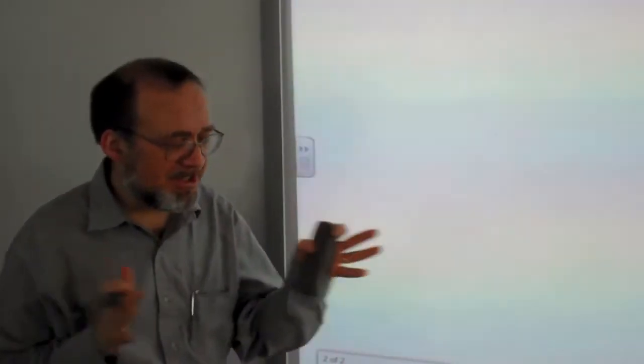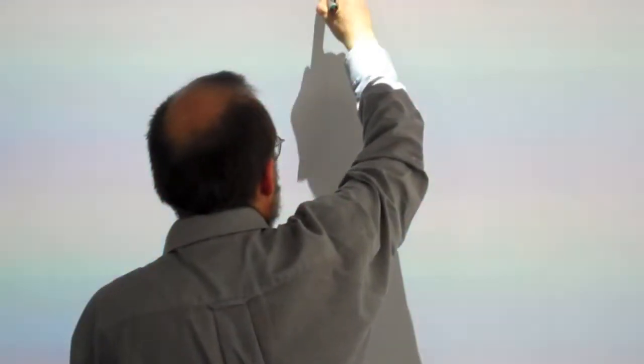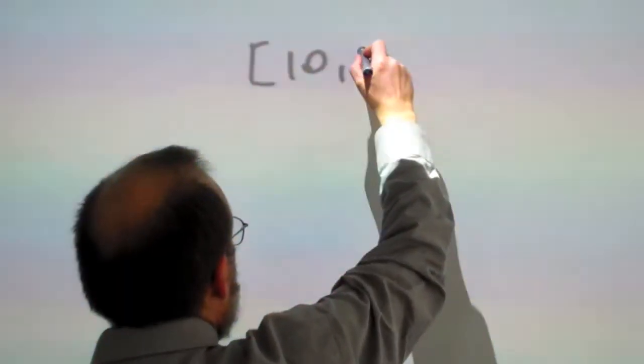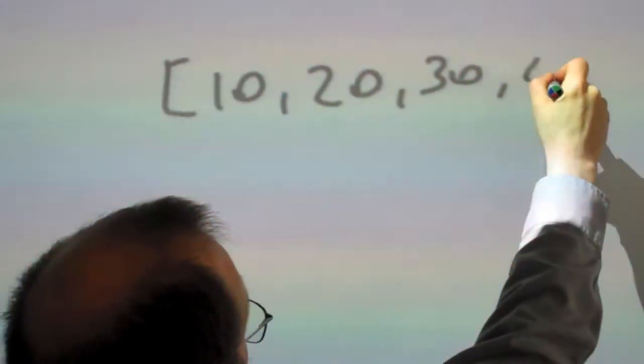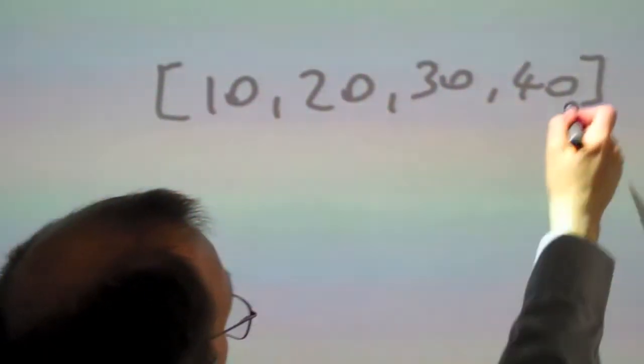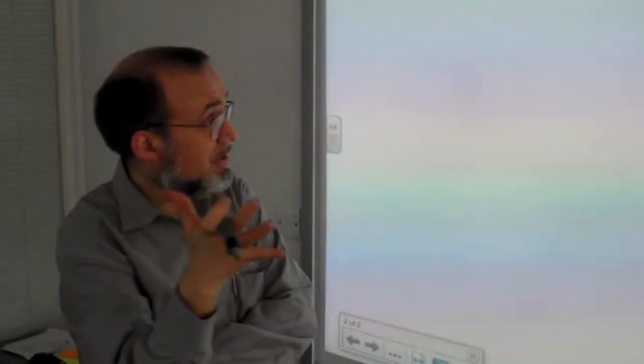Now let's think about this. Suppose we want to represent the list 10, 20, 30, 40. It could be a list of anything, but let's do it in integers.